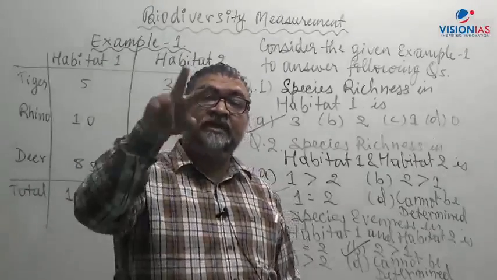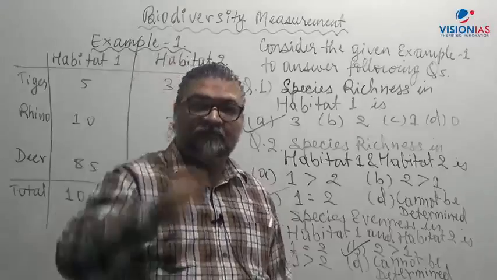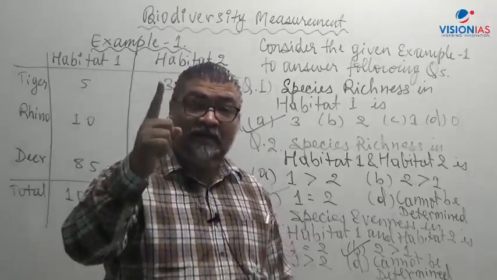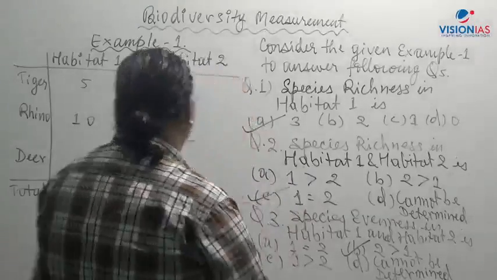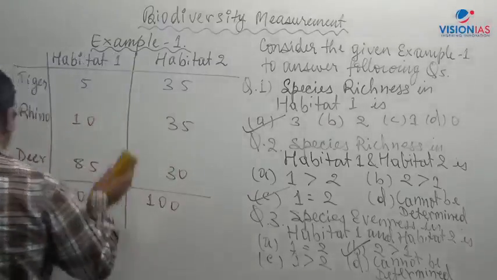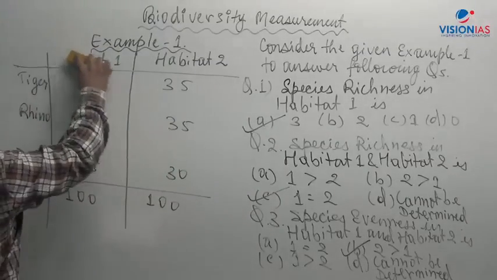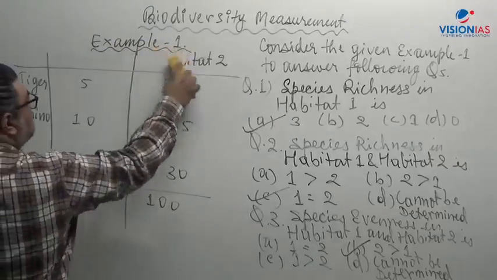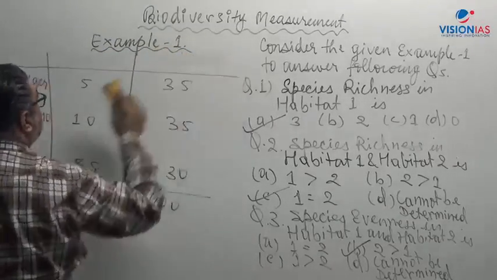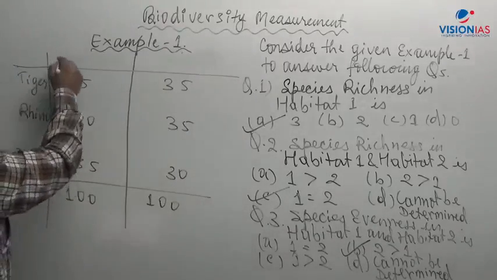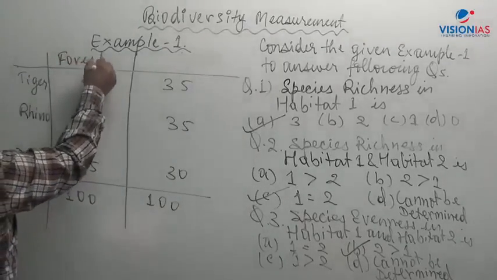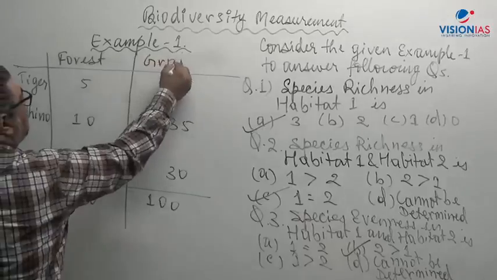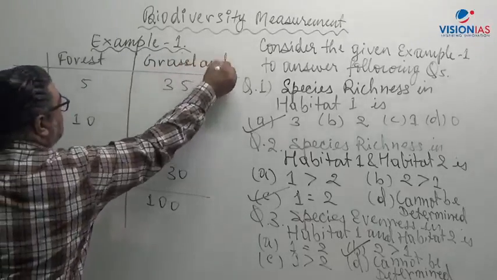Now I'm coming to the second example. Let me take the second example. KBC, कौन बनेगा? Civil servant. Forest, grassland, right?